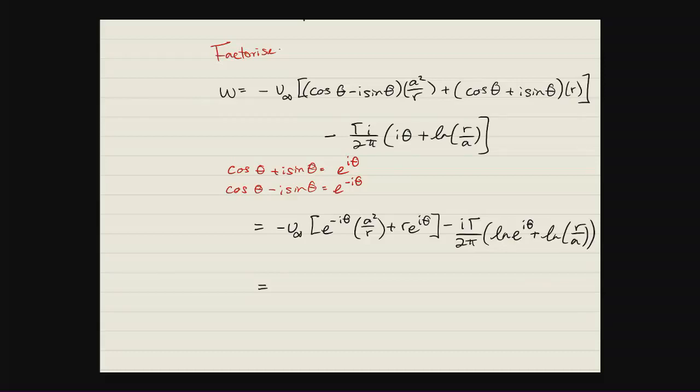Yep. So I know that this term here is going to be 1 over z, right? So I can just write negative U infinity a squared over z plus this term here, which we know is also z, minus i gamma over 2 pi.